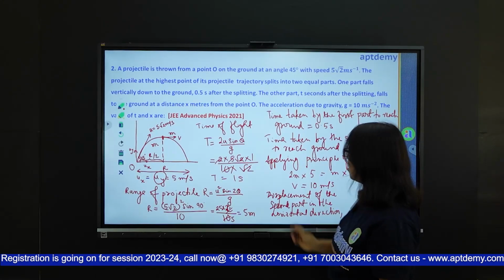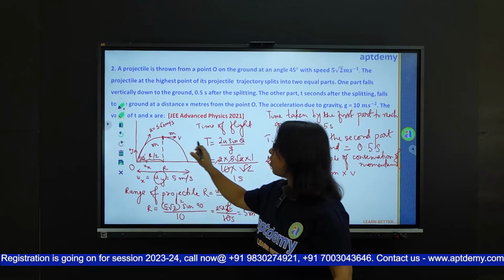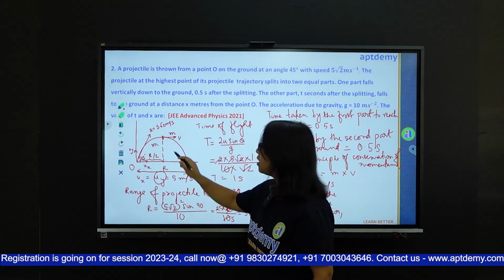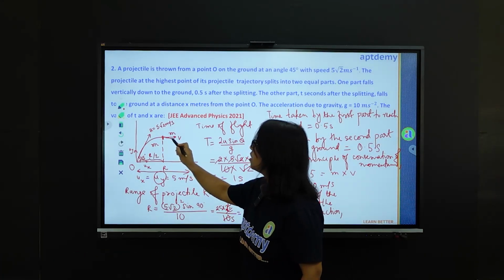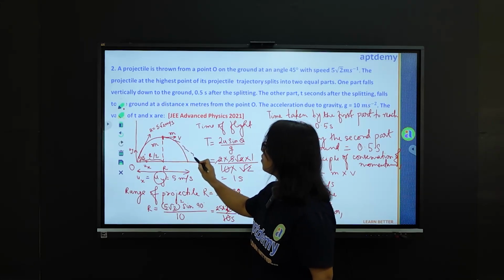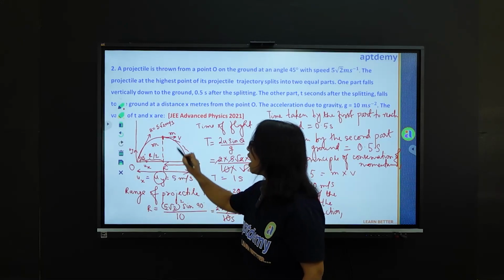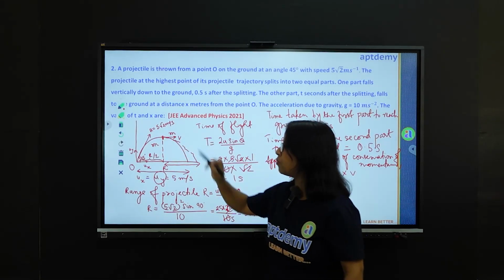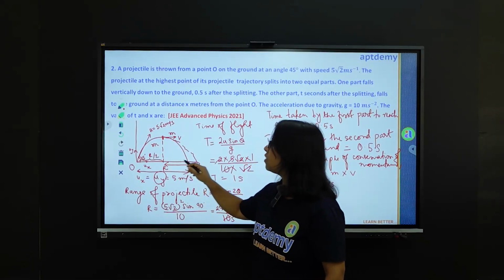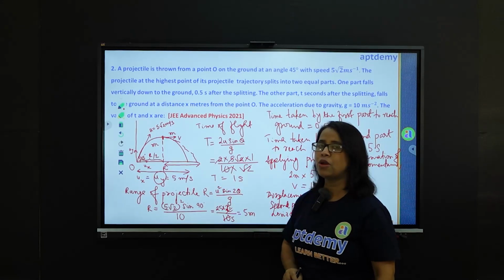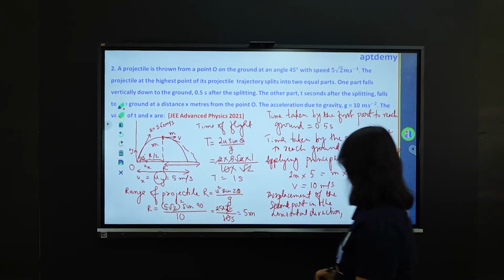Take note, the displacement of the second part in the horizontal direction is the distance traversed from the highest point, where the second part originated, till it reaches the ground.